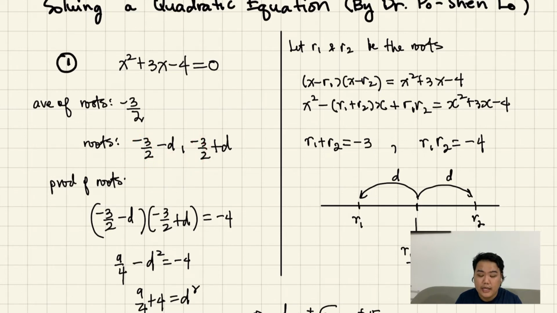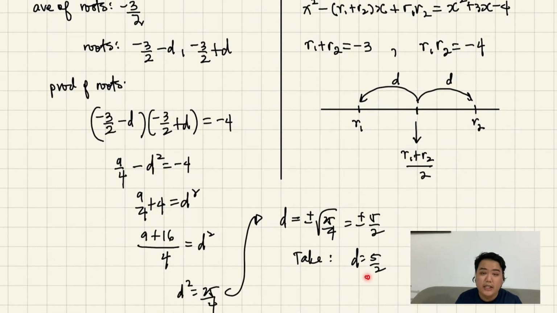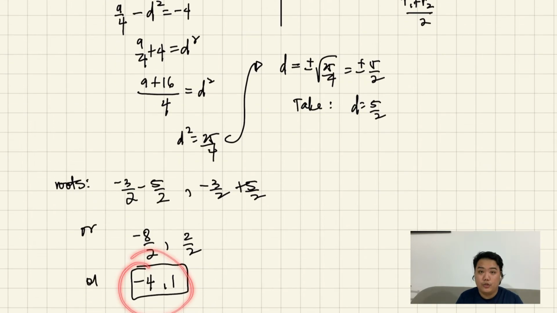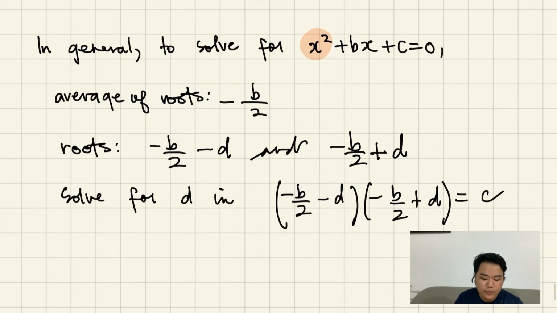Yun yung i-compute natin. So kapag meron ka ng expression for the roots, you multiply them equal to the constant term. And then pag na-solve si d, pwedeng i-take na yung positive, at i-plug in ulit dito.